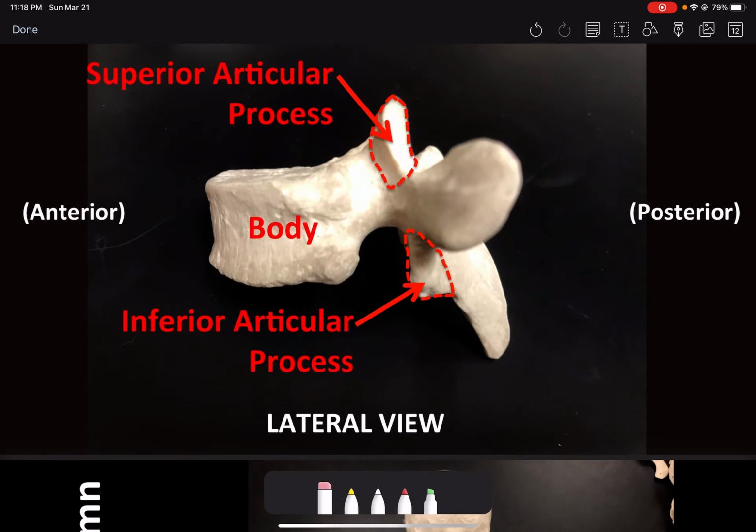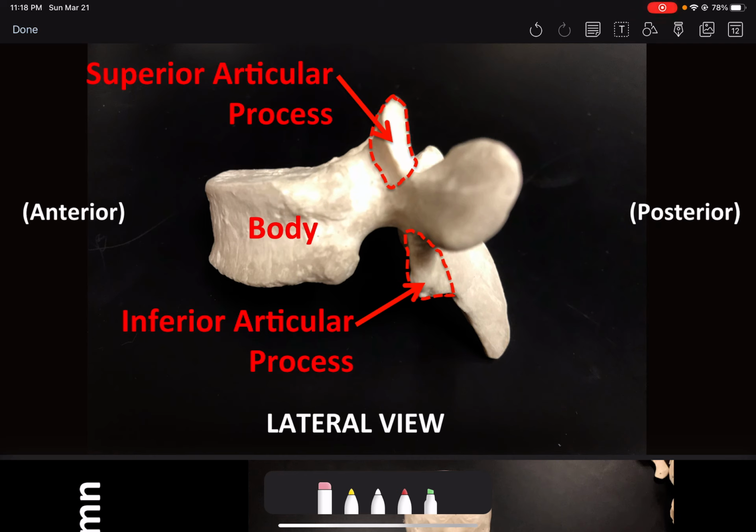But what I really wanted to show you with this view is the difference between the superior articular processes and the inferior articular processes. So you're looking at one side of this vertebra, so you can only see one of each of these processes. So you see at the superior aspect, one of the superior articular processes, and then at the inferior aspect, just below the superior articular process, you see an inferior articular process.